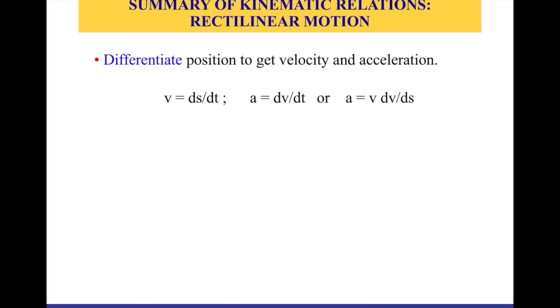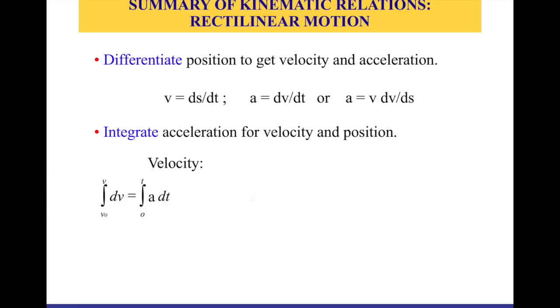So you can get the acceleration by multiplying the velocity with the derivative of the velocity with respect to position. The first two were derivatives with respect to time, and this one is a derivative with respect to position. In integration, we can integrate acceleration to get velocity, and integrate velocity to get position.